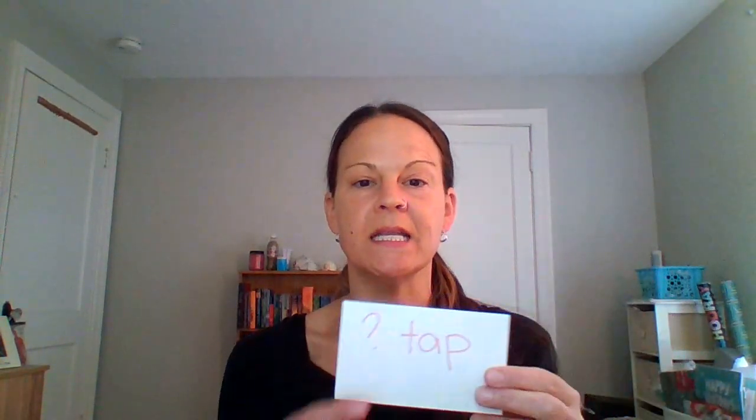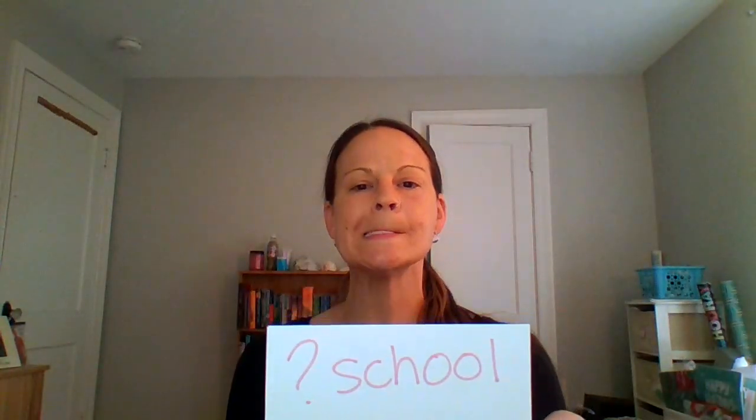Here's your first word. Tap. What rhymes with tap? That means it has to have ap at the end. Map, slap, rap, trap, anything that has ap at the end. We'll do one more. This one is harder. Are you ready? Try to think of something that rhymes with school.